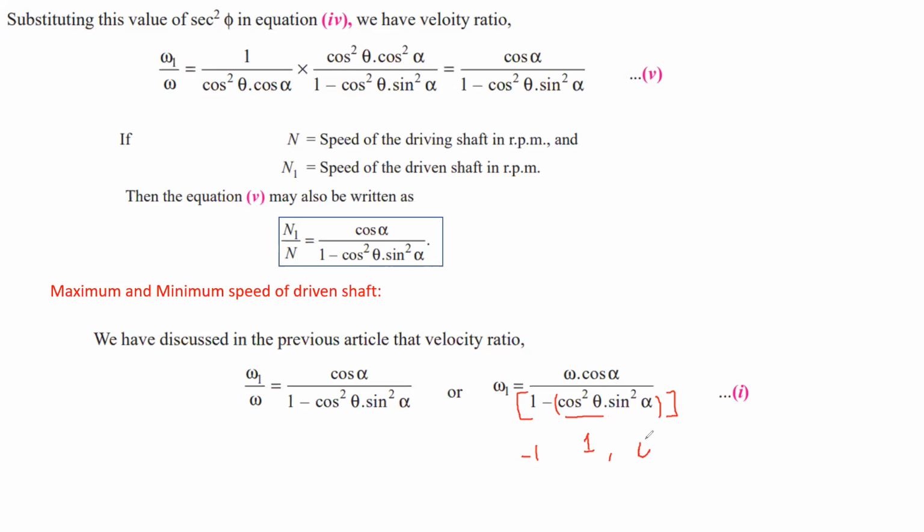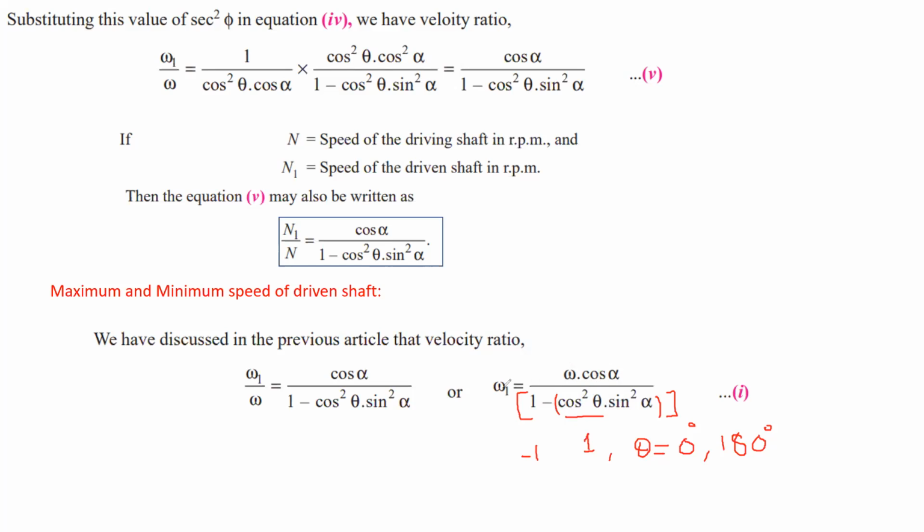That is when theta is equal to 0, means cos 0 कितना होता है, 1 होता है, and when theta is equal to 180 degree, cos of 180 degree also gives cos square theta as 1. So what will be your answer? 1 minus sin square alpha, which you can write as cos square alpha, and this cos's 1 power will get cancelled with this cos.